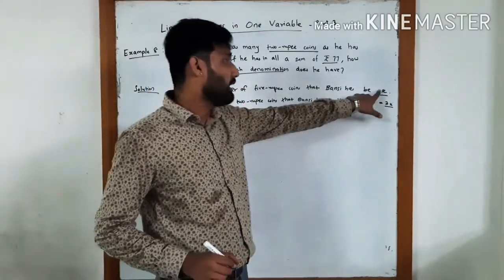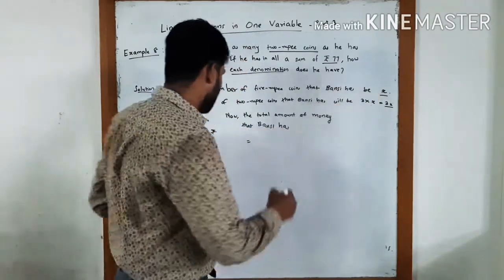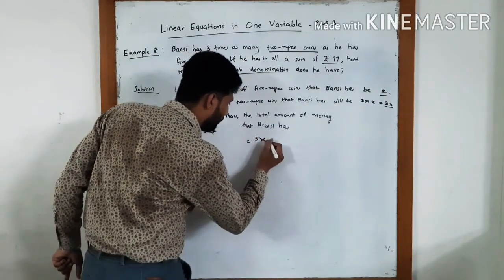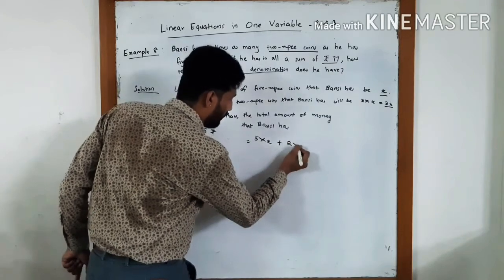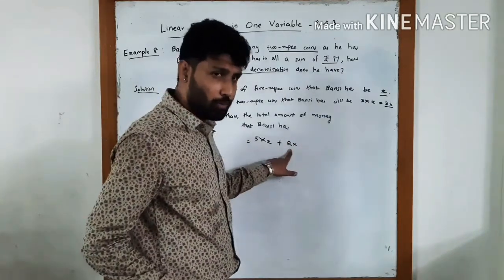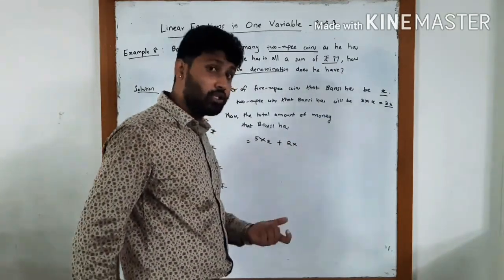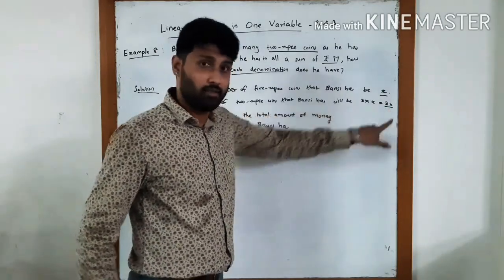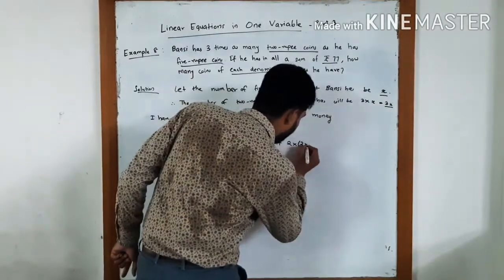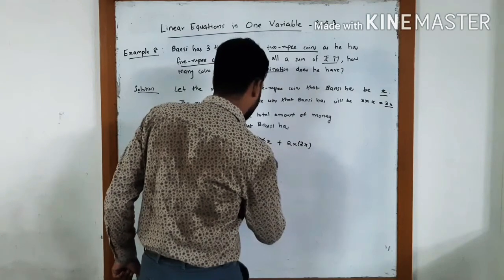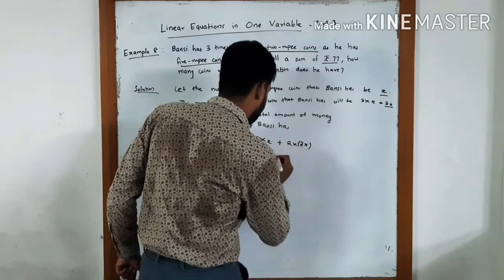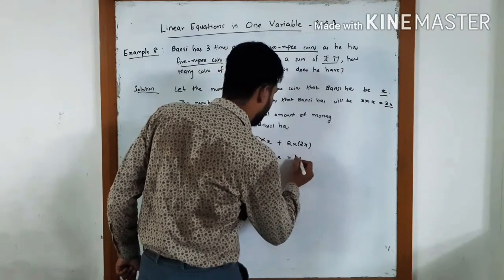He has x number of 5 rupee coins. So 5 into x plus 2 into, because 2 rupee coins, and how many such coins he has? 3x, right? So 2 into 3x, which equals 5x plus 6x, which is 11x.